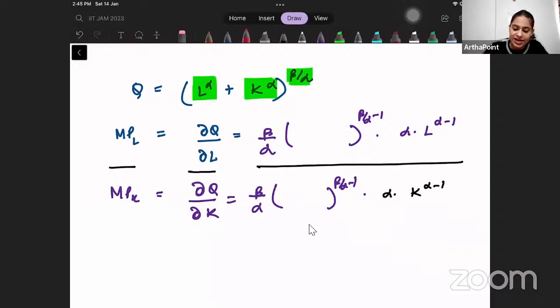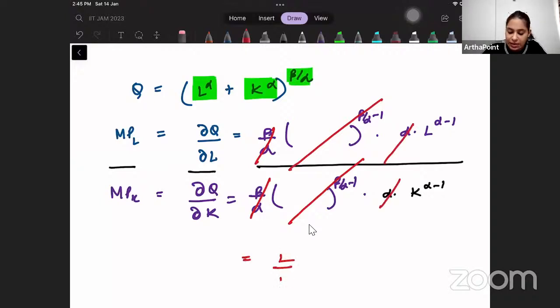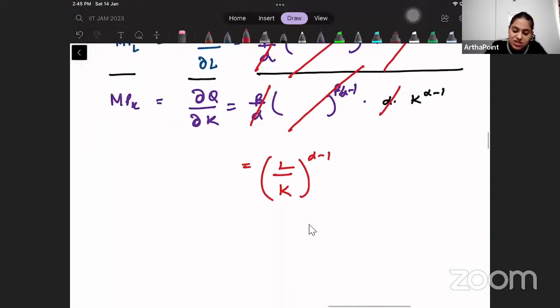So you will notice that all of this will cancel out. You will only be left with L by K to the power alpha minus 1. So don't worry about these big production functions. 90% of those things will get cancelled once you apply the chain rule, right? So this is my MRTS.